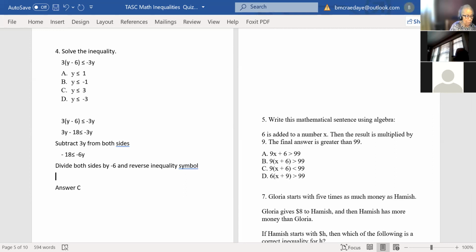And you got what? y is less than or equal to 3.